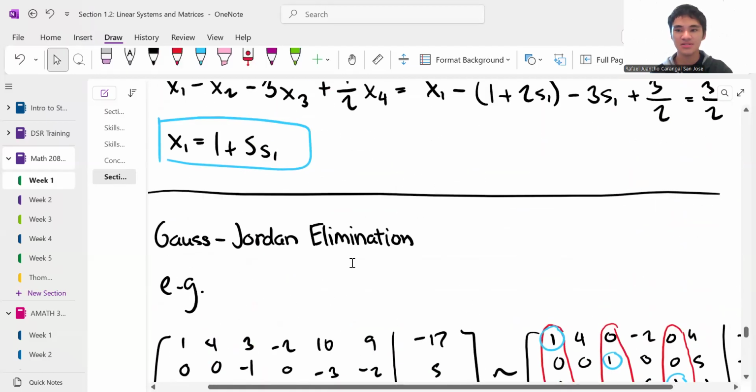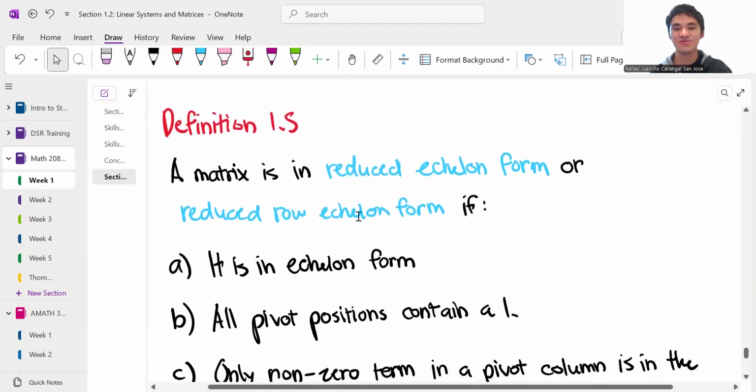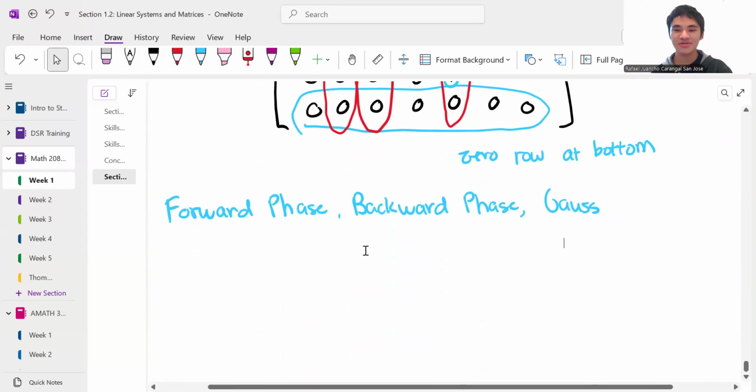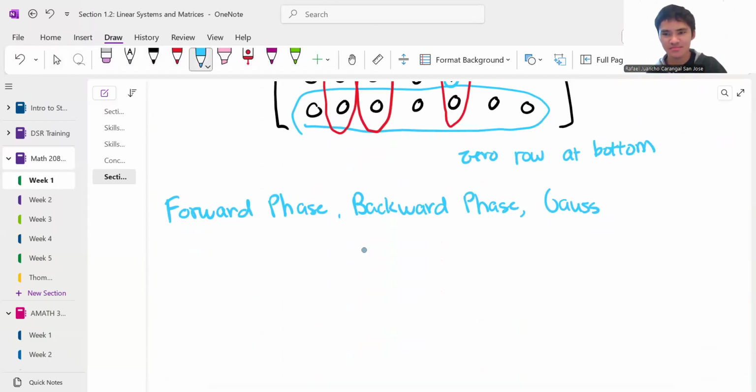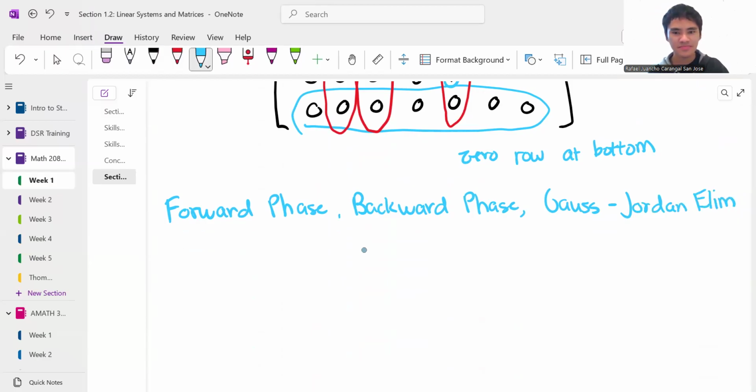If Gaussian elimination is to make a matrix in echelon form, Gauss-Jordan elimination is the same thing, but to make it reduced echelon form. They're literally the same thing, but you do the same thing until you get a reduced echelon form. And that's Gauss-Jordan. That's it. Gauss-Jordan means elimination. So I hope that makes sense so far.